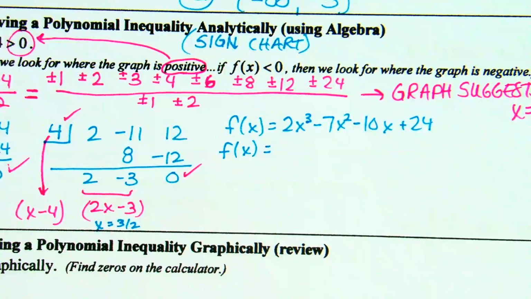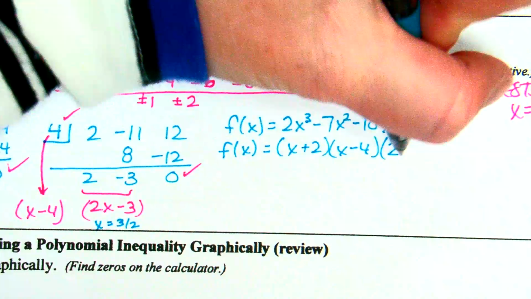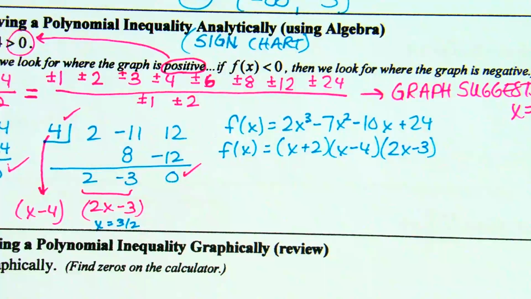We came up with x plus 2, x minus 4, and 2x minus 3. That is the factored version of that equation. Not that we had good old-fashioned product sum factoring techniques or anything that would get us there, but the synthetic division got us there.